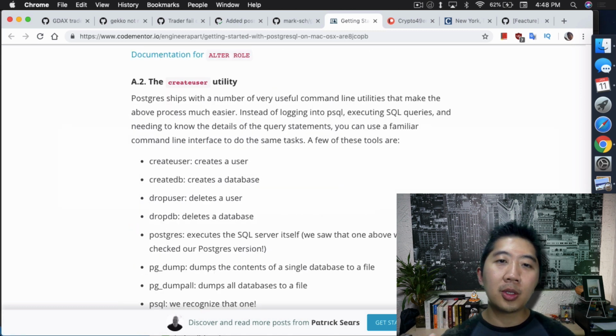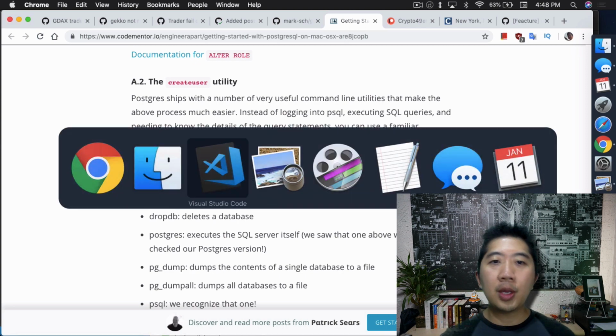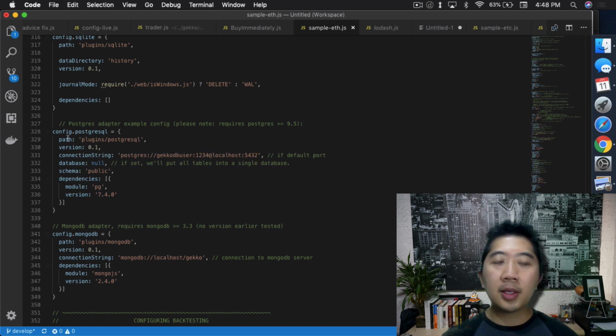But one thing about the user, that user has to match whatever you have in the Green Gekko config file. In the config.postgresql section, the connection string variable lists the user and the password that you want the user to have. So you need to set up the user to have the same name as in the config file, and make sure to set the password to match as well.